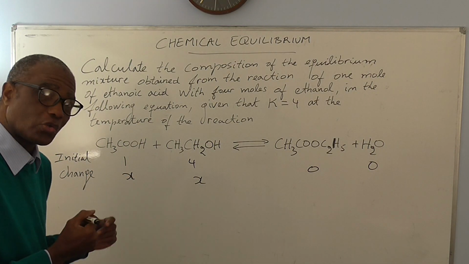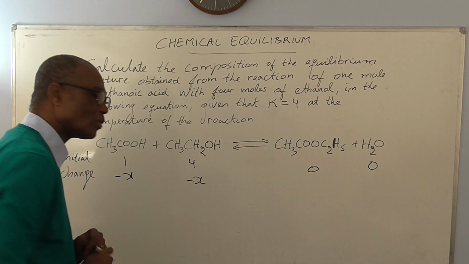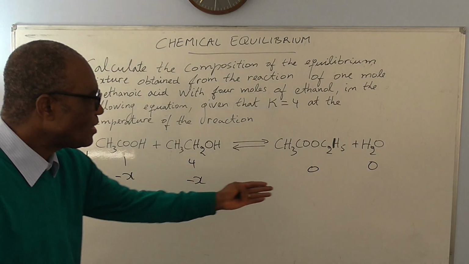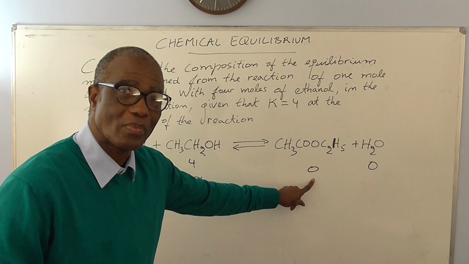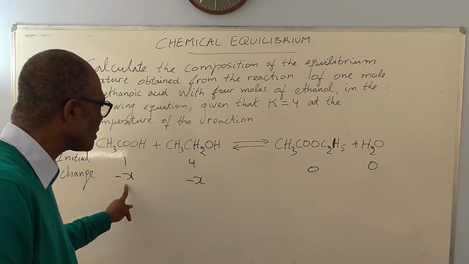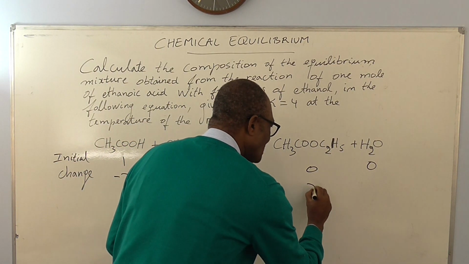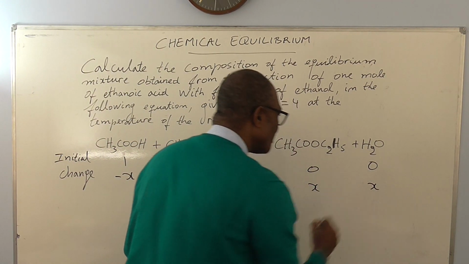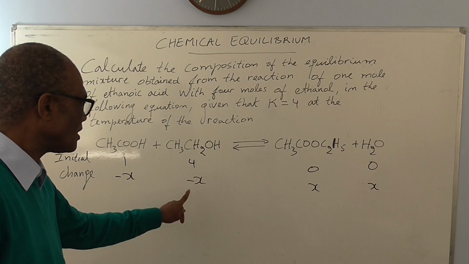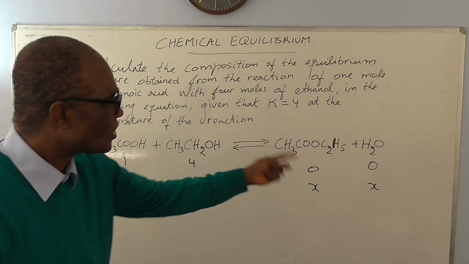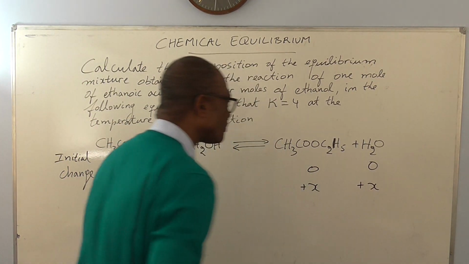And because it is consumed, let me put minus and minus. And what is consumed here is what is formed there. So what is consumed here and there is exactly what is formed there. Put X and X. So here is consumed, and the same quantity is produced there. Is plus.